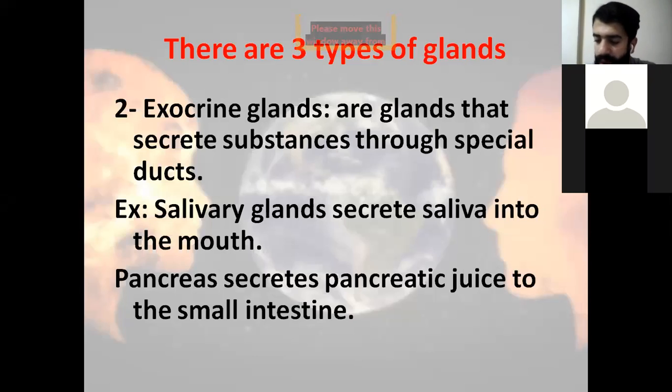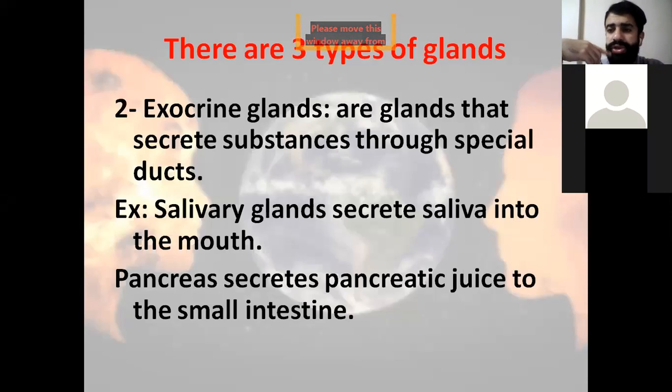For example, what do we have? We have salivary glands. What do they secrete? They secrete saliva. Where? Into the mouth. Whereas the pancreas secretes pancreatic juice into the small intestine. Saliva, as you know, is the one that's found inside our mouth.